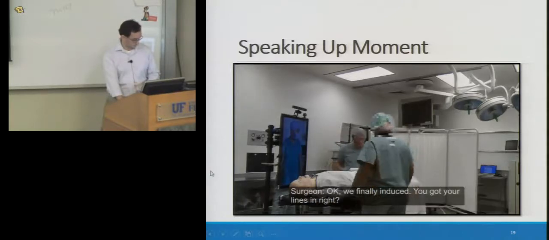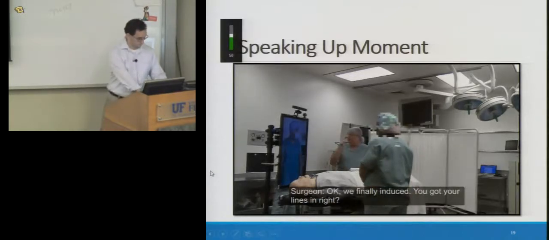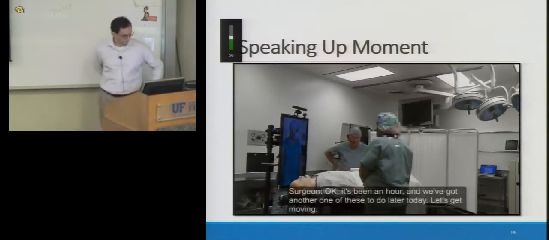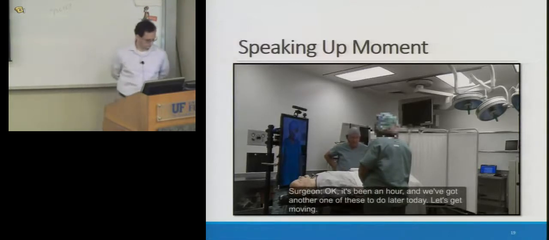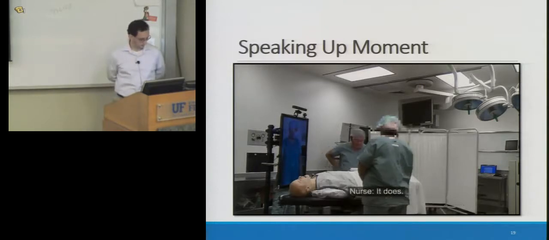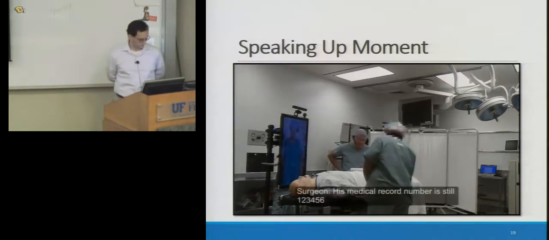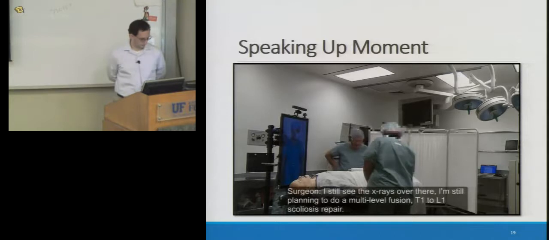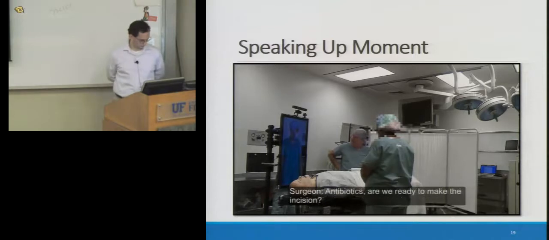Okay, you're finally induced. You got your lines in, right? Yes, you got it. Okay, so now we've got another one of these two later today. Let's get moving. This is still the correct patient, right? Yes. The tag still says Clay Matthews, right? It does. His medical record number is still 1, 2, 3, 4, 5, 6. Yes, sir. I still see the x-rays over there. I'm still planning to do a multi-level fusion T1 to L1 scoliosis repair. Antibiotics, are we ready to make the incision?